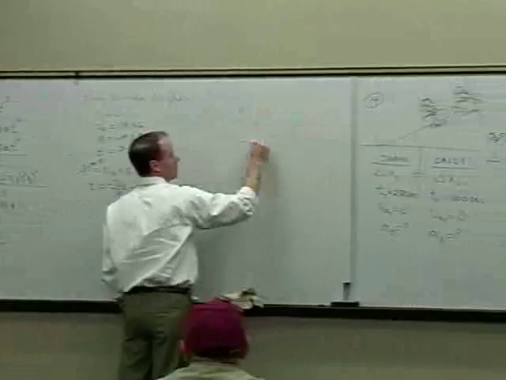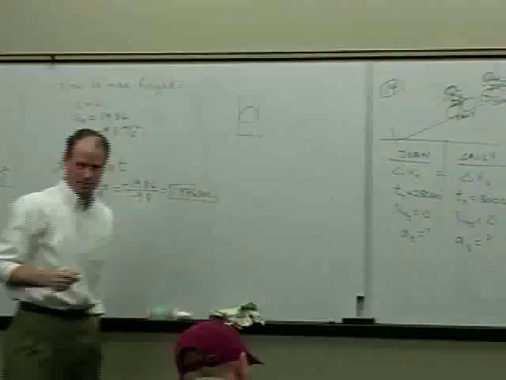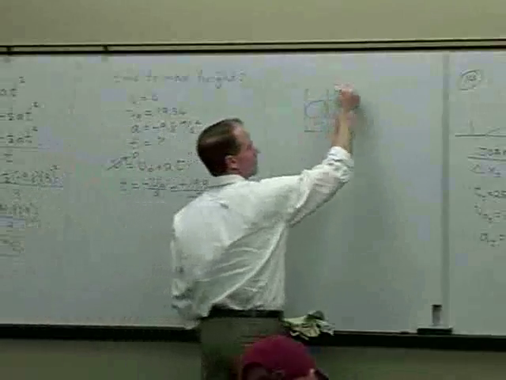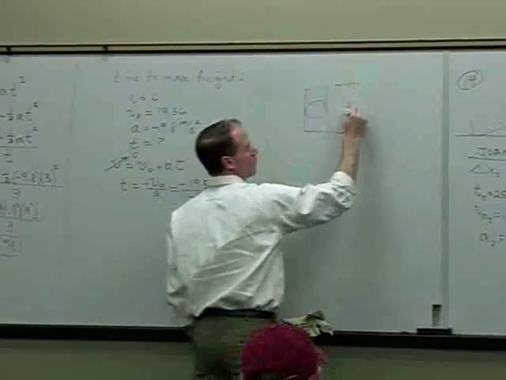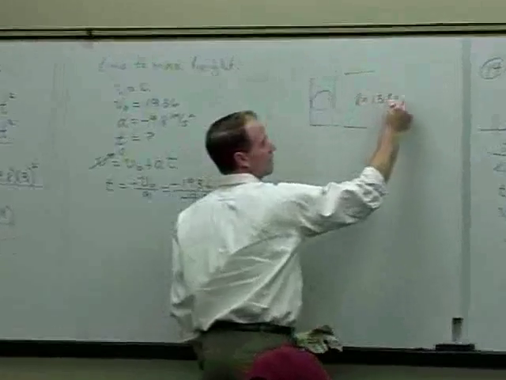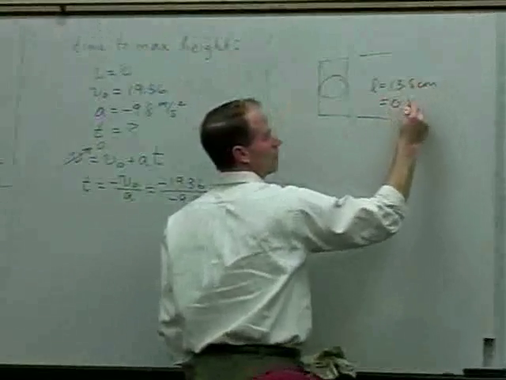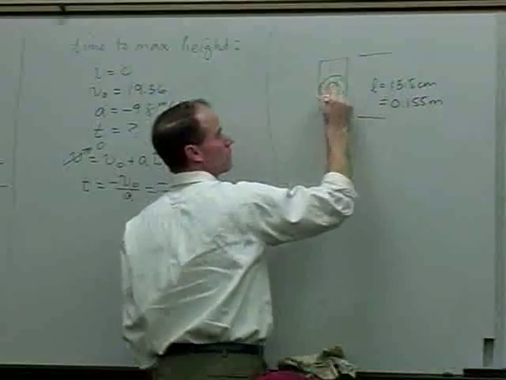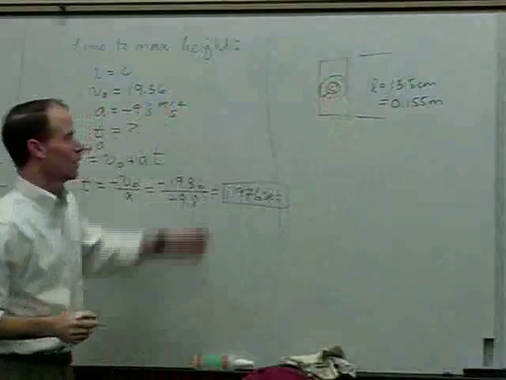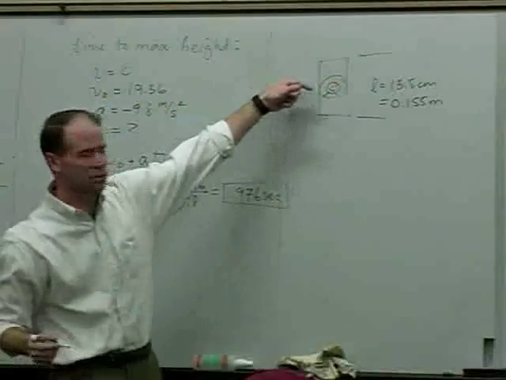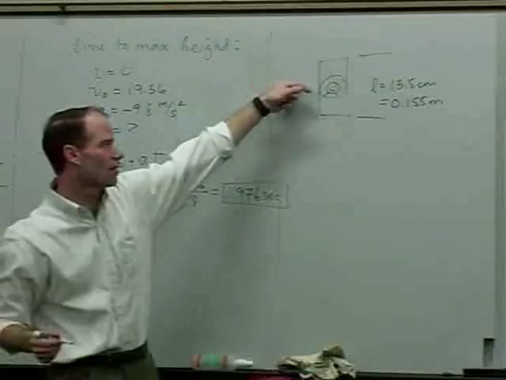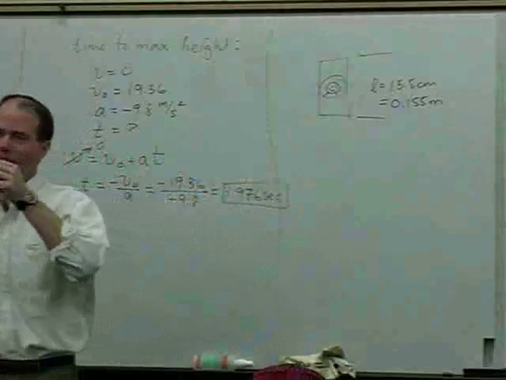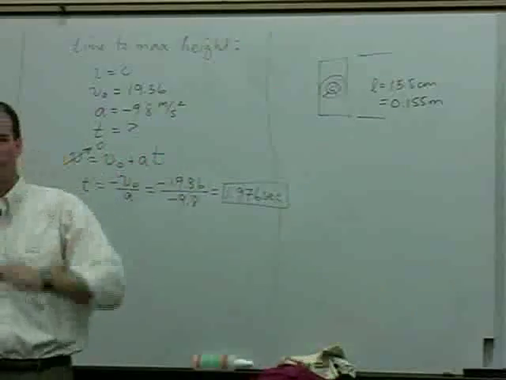Here's a dollar bill. Turns out the dollar bill, if I were to measure it, is 15.5 centimeters long. So this length here is 15.5 centimeters or 0.155 meters. If your friend puts their thumb and forefinger around the middle of the dollar bill, that means they have to grab this dollar bill within the time it takes for half the dollar bill to fall.